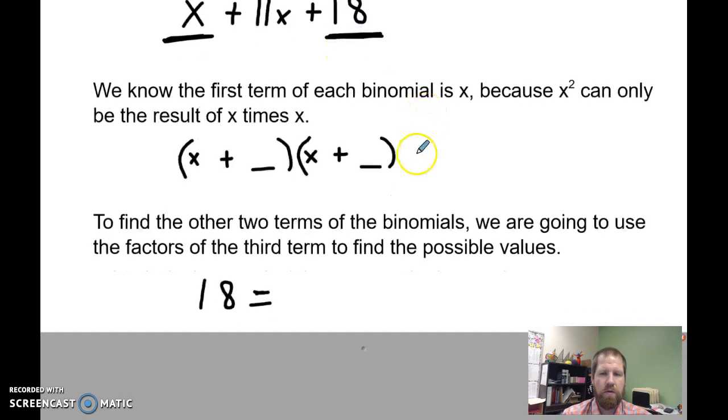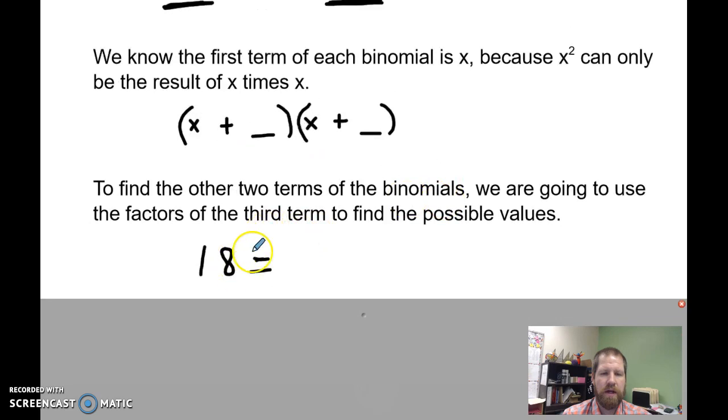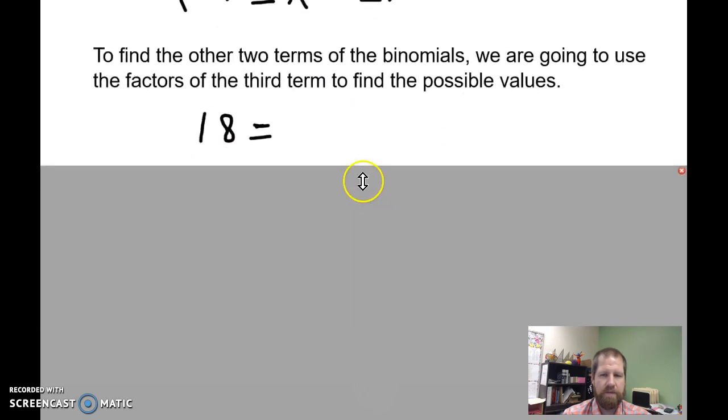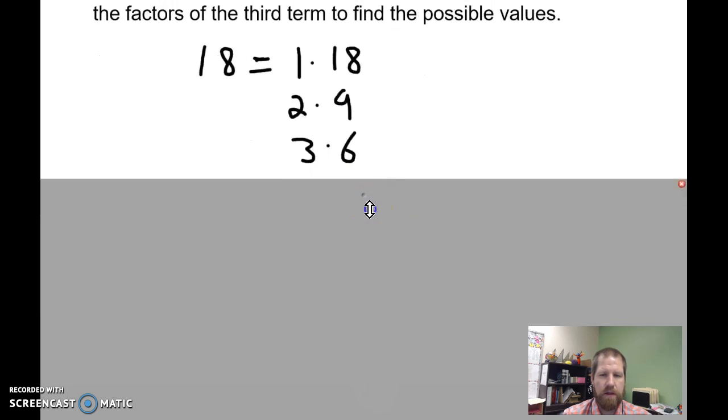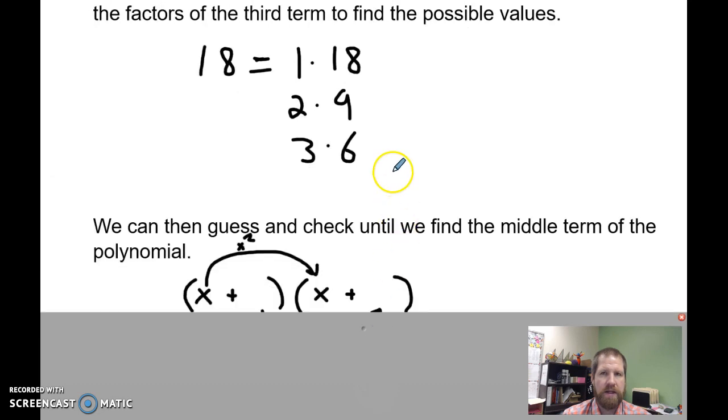Okay, so when I'm trying to find these values, I'm going to be looking at the factors of 18. So I'm going to go through, and I have 1 times 18. I have 2 times 9. I have 3 times 6. And that's it.